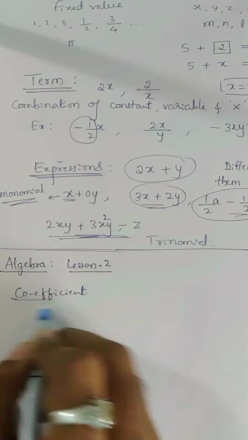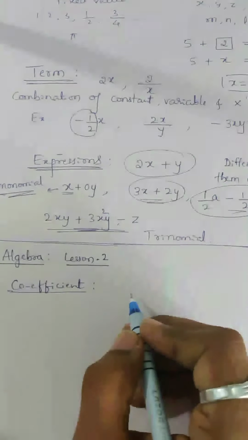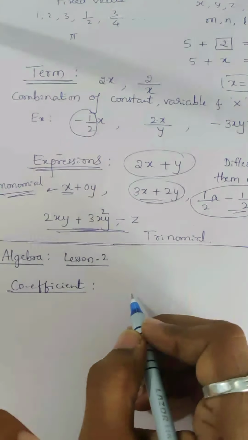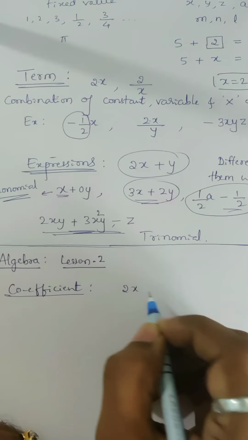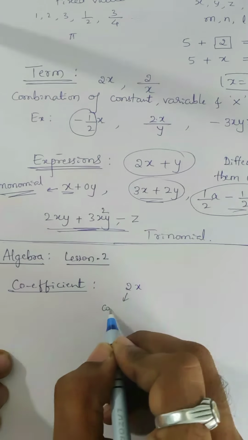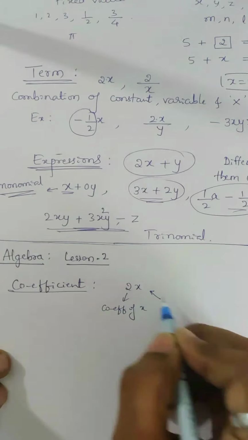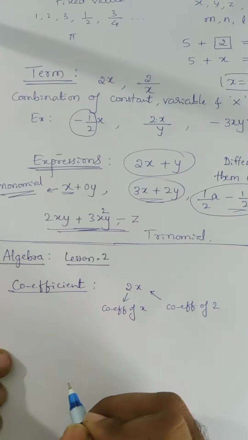Okay, so coefficient is nothing but, in any term, you can say it's like the partner. For example, suppose I write 2x. Here 2 is called the coefficient of x, and x is called the coefficient of 2.